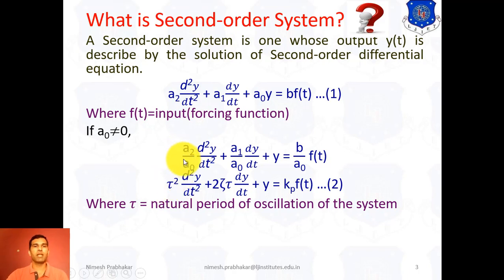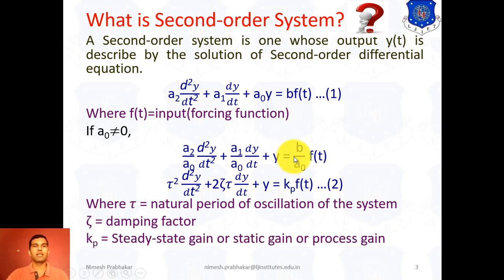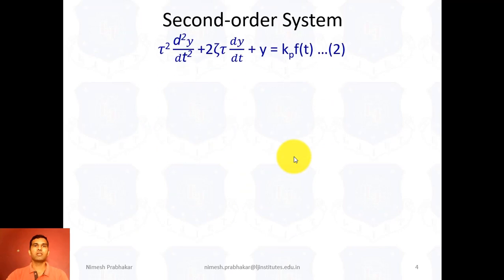Tau square is nothing but a2 by a0, 2 zeta tau represents a1 by a0, and zeta is the damping factor. Kp is equal to b by a0, and Kp is the same as in a first order system: steady state gain, static gain or process gain. Now this is the general equation of the second order system.